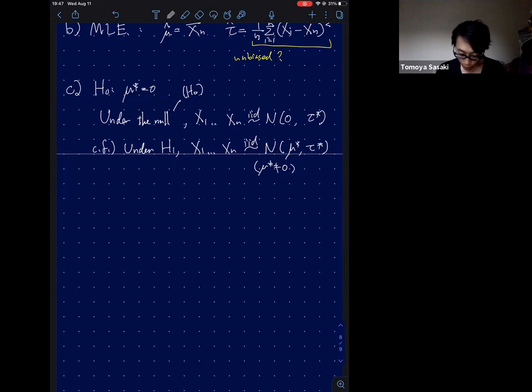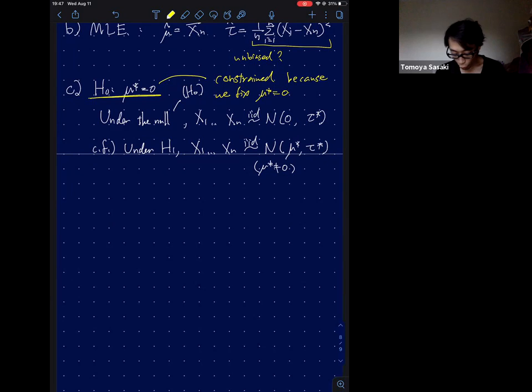So we're saying that H naught is constrained because we fix mu star equals 0. This fixed value mu star is our constraint.